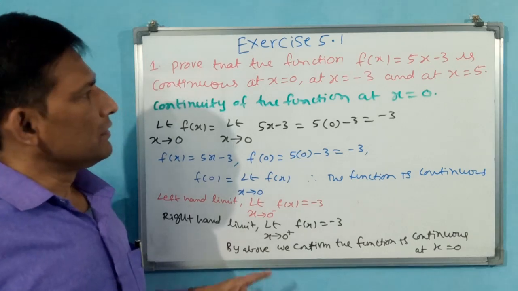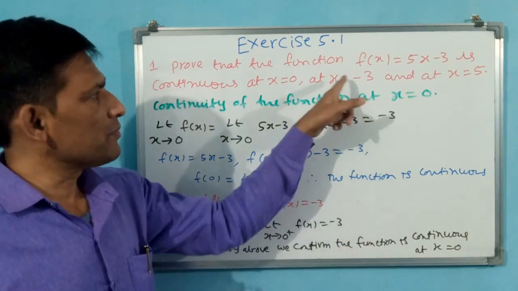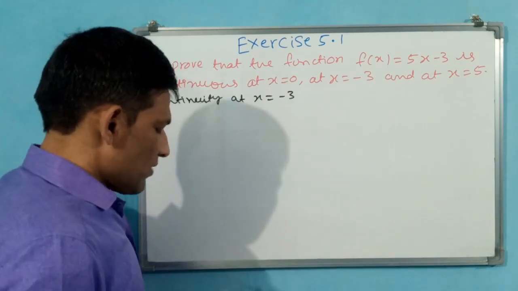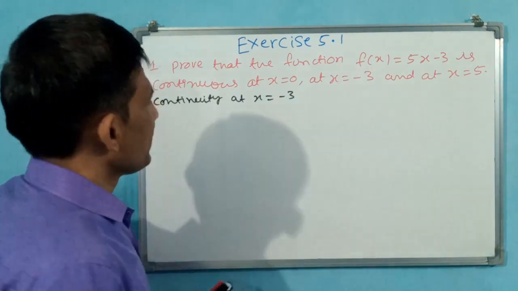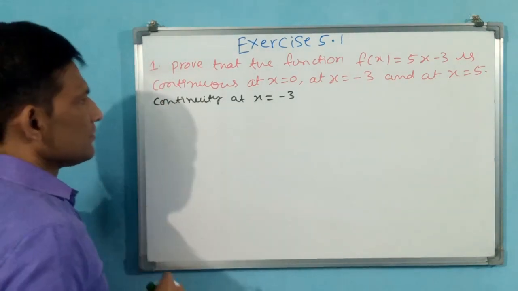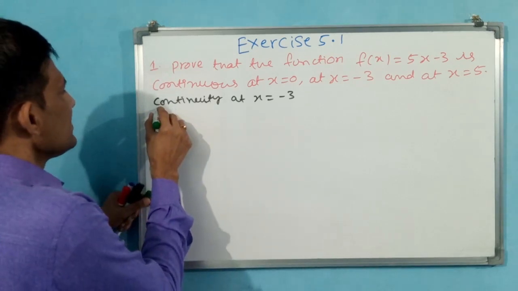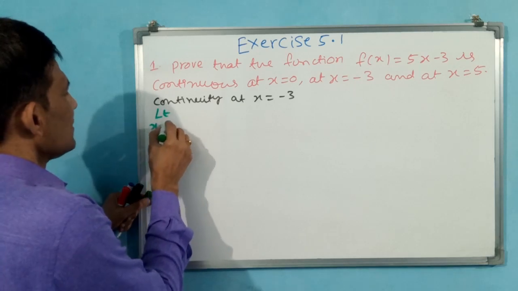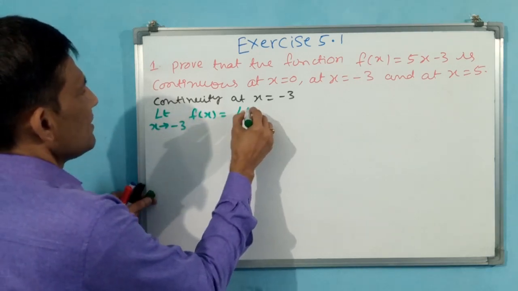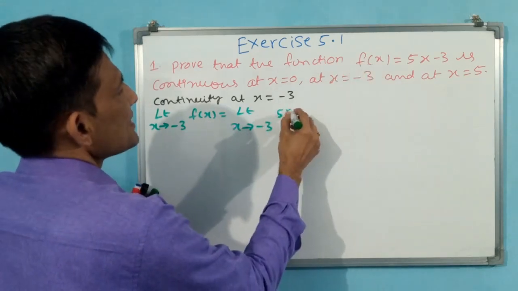Okay. Let us proceed for x is equal to minus 3. Why? Because we know that this is continuous at x minus 3 also, and 5 also. Okay. Let us proceed. Now write down limit x tends to minus 3 f of x is equal to limit x tends to minus 3 of 5x minus 3.